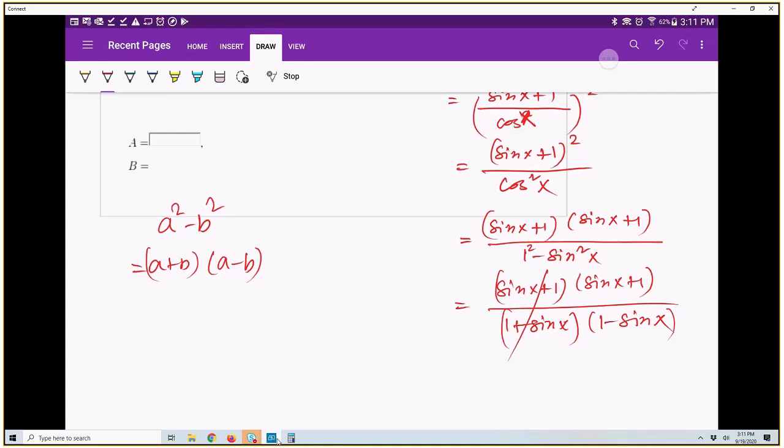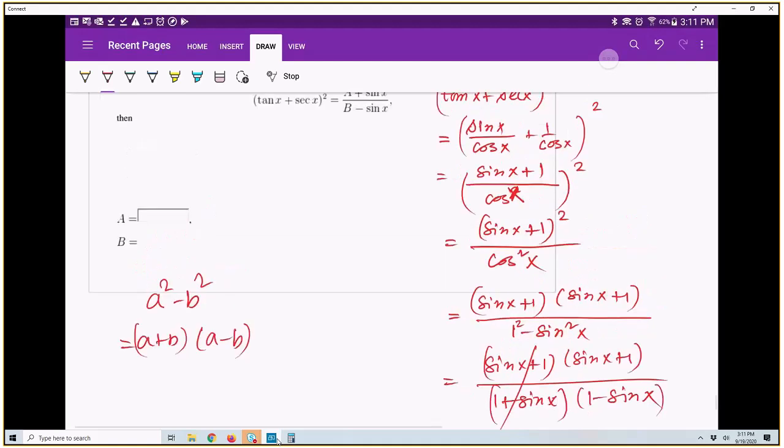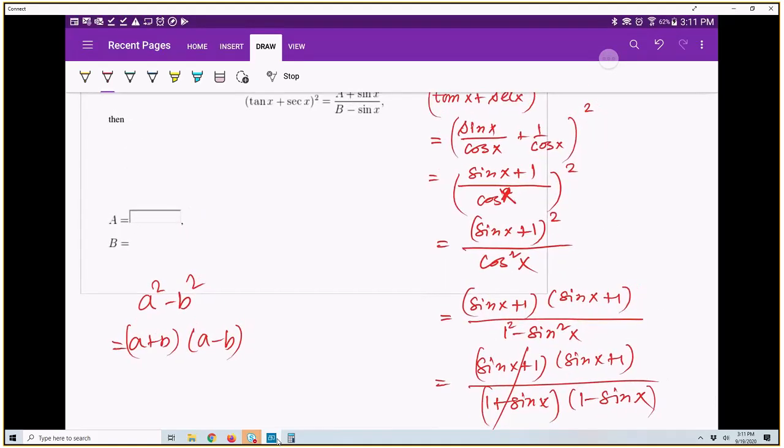So I'll cancel them, and I will get 1 plus sine x on the top, 1 minus sine x on the bottom. And my answer, remember, should be of the form a plus sine x over b minus sine x, which I have 1 minus sine x. So a is 1 and b is 1 as well.